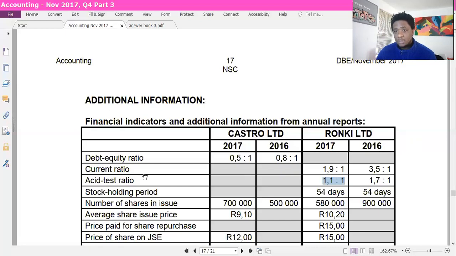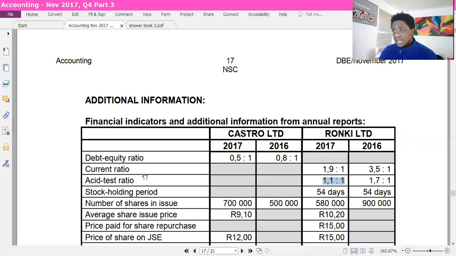They're not keeping too much stock on hand, because when you keep too much stock on hand, you face a lot of risk, like theft and stock being damaged. You have to pay insurance costs. Stock goes out of fashion. So there's a lot of risk to holding a lot of stock. If you're able to keep your current ratio at a minimum, but still be able to settle the liabilities in the short term, I'm happy with that.